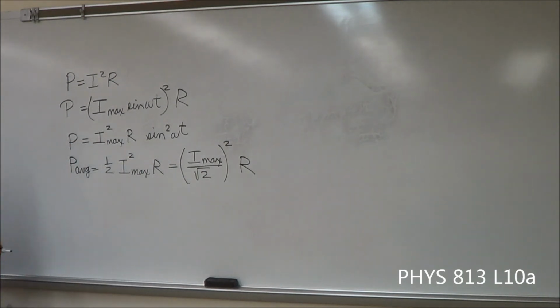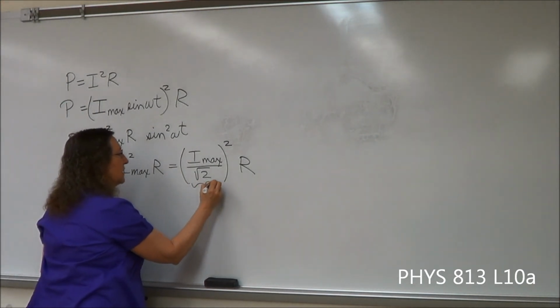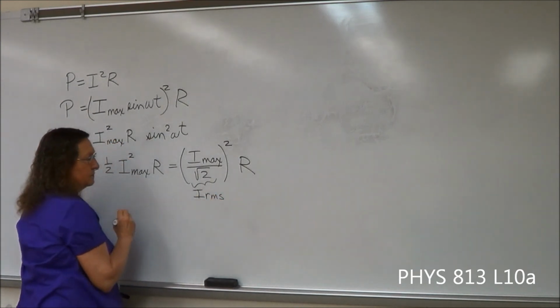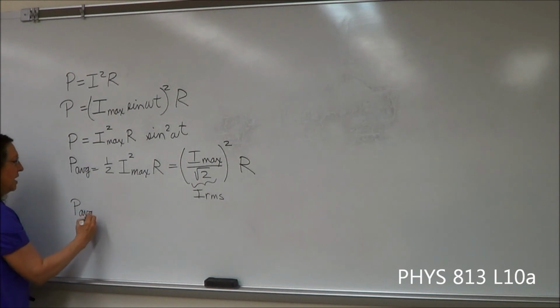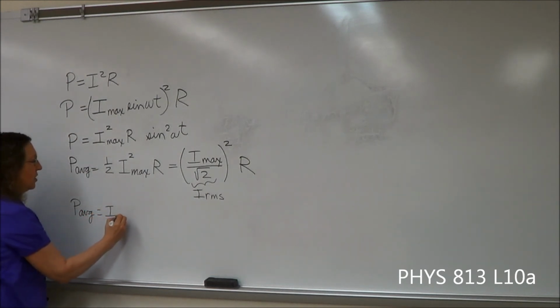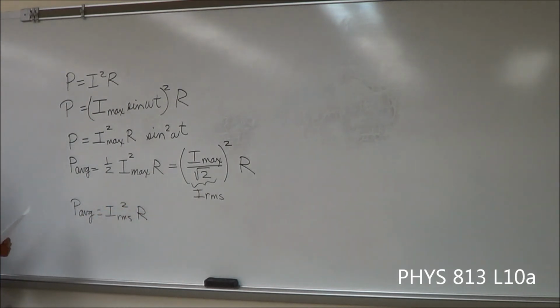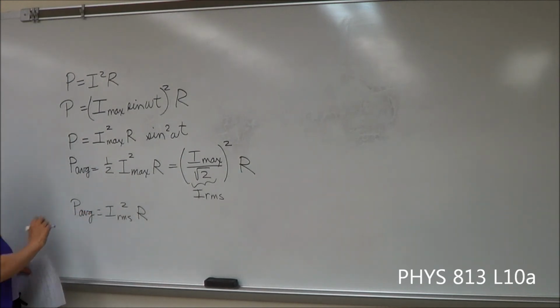Now if you go back to looking at the definition of RMS values for a sine wave, this term in here is an RMS value. So our average power becomes I RMS squared times R. Okay? Now, we can also write this in terms of voltage.